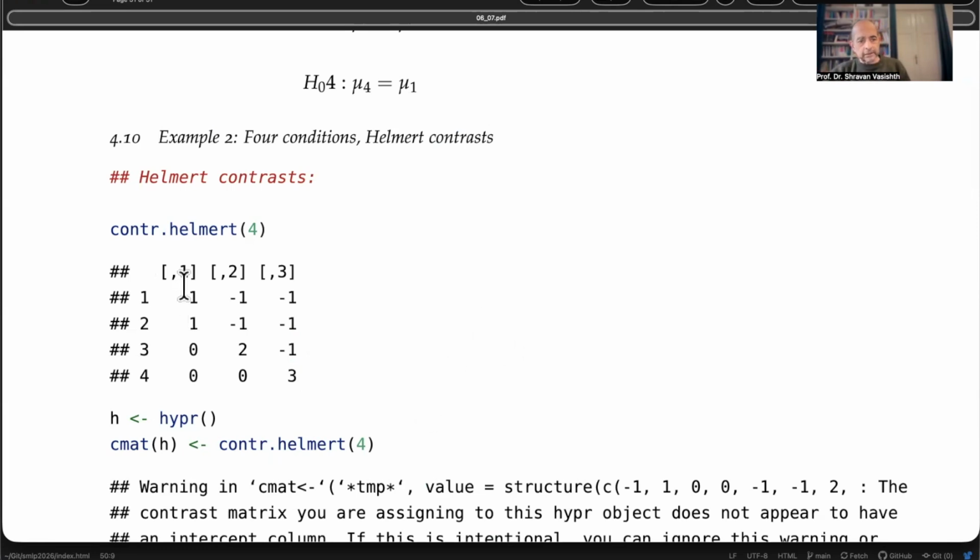So the first hypothesis it's testing is, are the first two conditions different from each other or not? Then the next hypothesis is, is the average of the first two conditions different from the third condition? And the last one is, is the average of the first three conditions different from the fourth condition's mean?